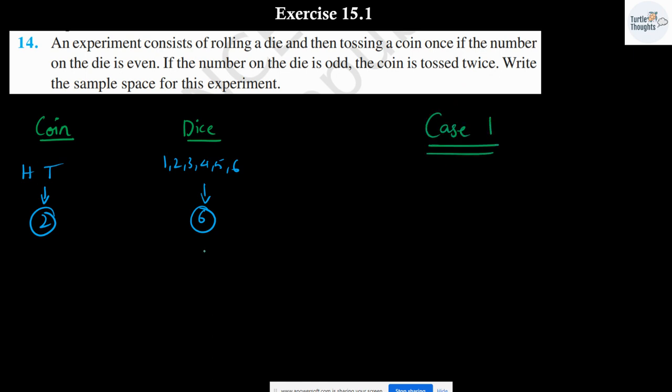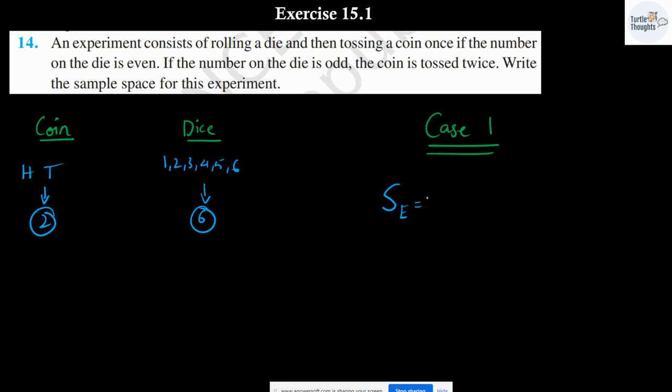Case 1. First, when you roll the die, assume that you will be getting an even number. So I will be writing this as the sample space of getting an even number first.